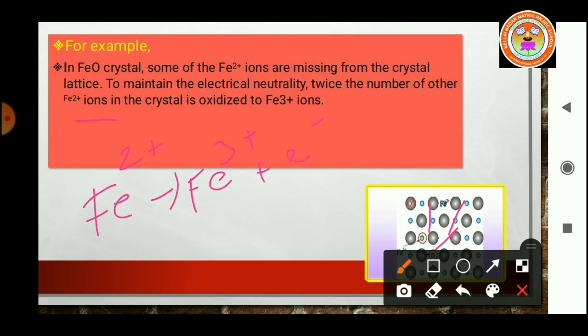So 3 Fe2+ missing in the crystal is compensated by 2 Fe3+. Yes, the charge is equal, isn't it? But one cation vacancy is created. Meaning is clear? That is, electrical neutrality is maintained, but a cation vacancy is created. Okay, now clear?